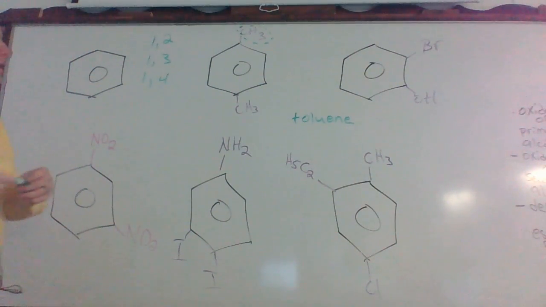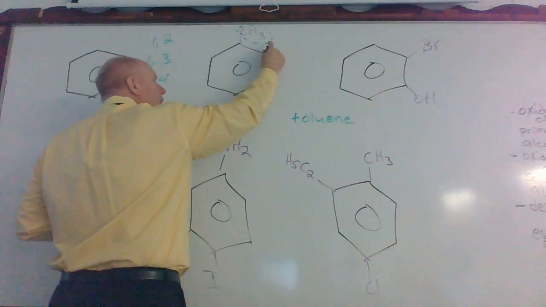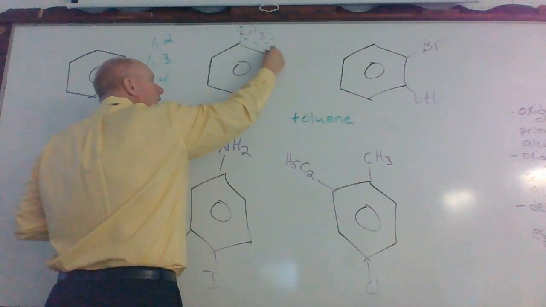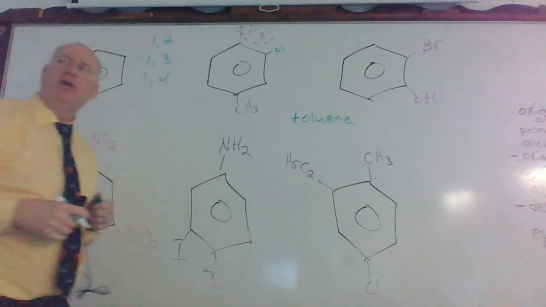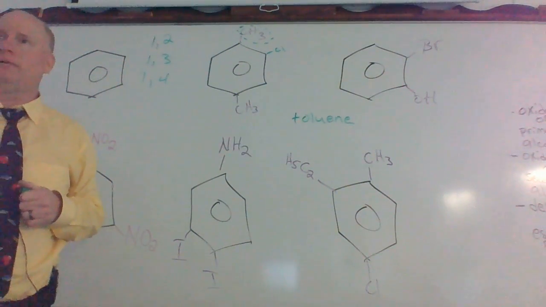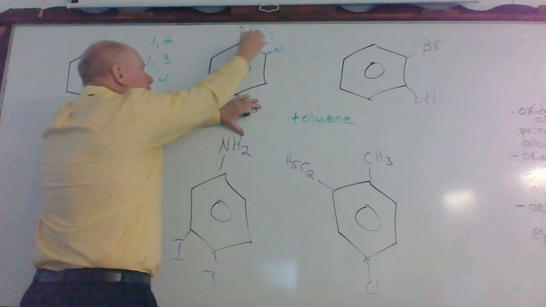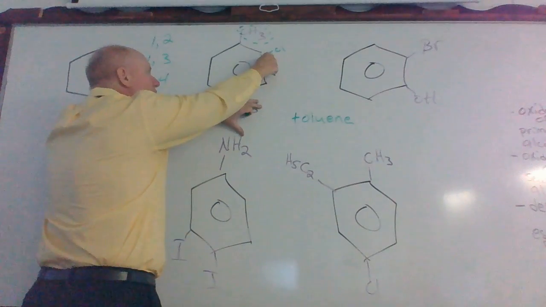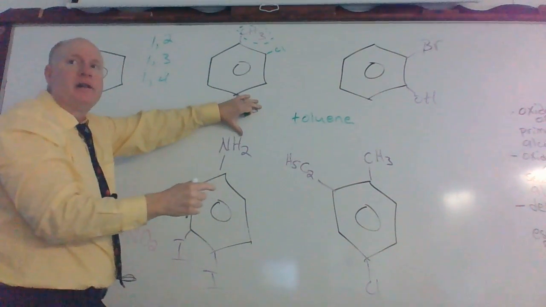Now, one of the things you got to be careful of, and I think you'll know the answer, is that if this is number 2 over here, let's say we had a Cl on there, where else could number 2 be located? If this is number 2, which it is, where else could number 2 be located? If it's not this one, it could also be where?